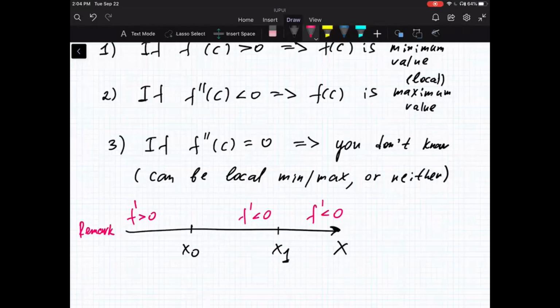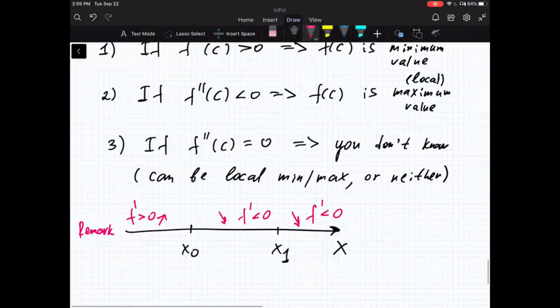Then this means that the function was increasing, then it was decreasing, and then it continued to decrease after x1. So x0 is a local maximum by common sense, right? Because it was increasing, then it starts to decrease. And x1 is unfortunately nothing, not a minimum or maximum.